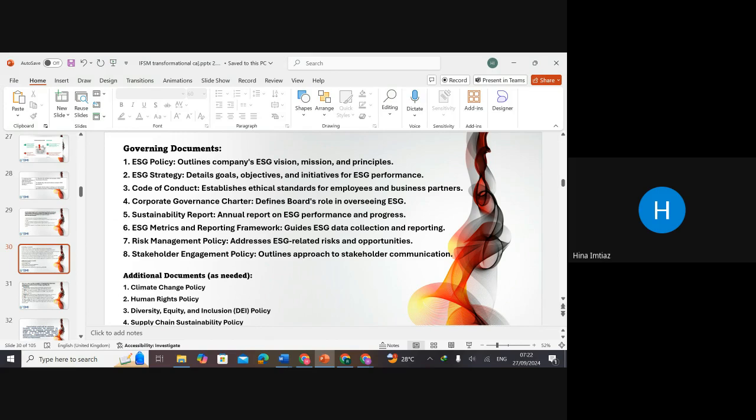Then we have the risk management policy, which addresses ESG-related risks and opportunities.